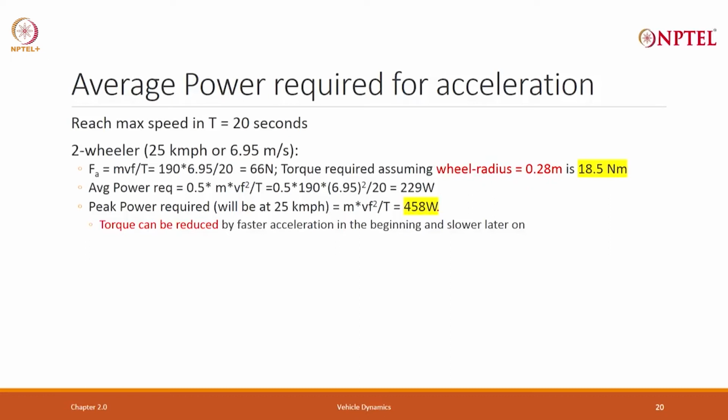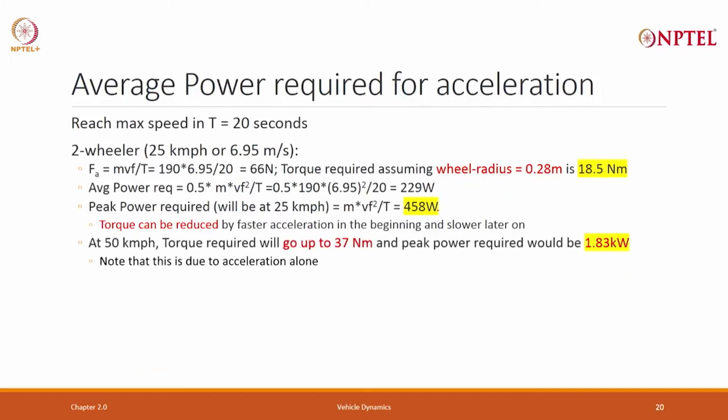As I pointed out, it is possible to reduce peak power by first accelerating faster and then slower. At 50 kilometer instead of 25 kilometer, suppose in 20 seconds I want to reach 50 kilometer, torque requirement will go up to 37 Newton meter and peak power requirement will go up to 1.83 kilowatt.